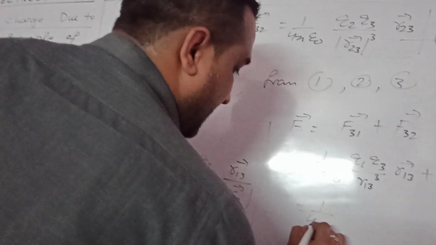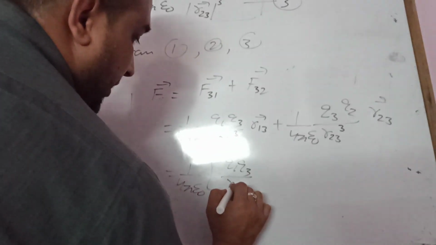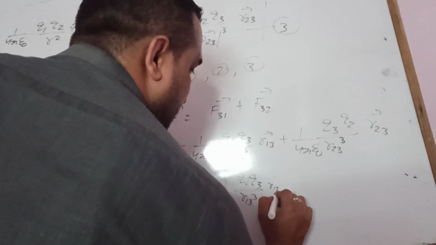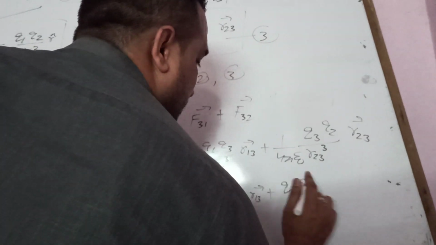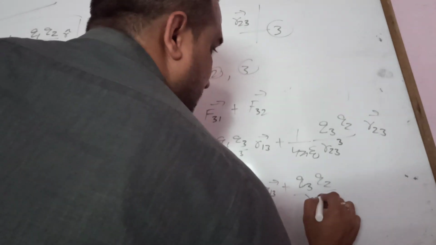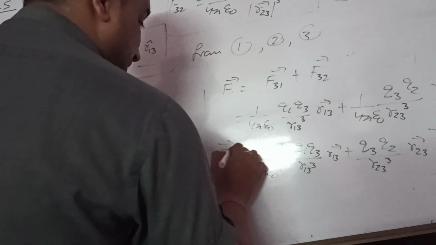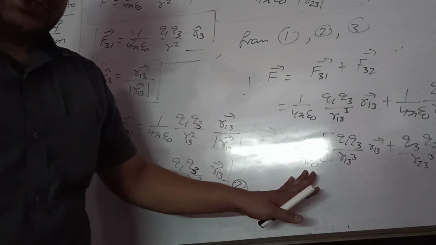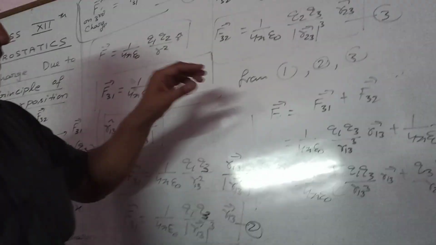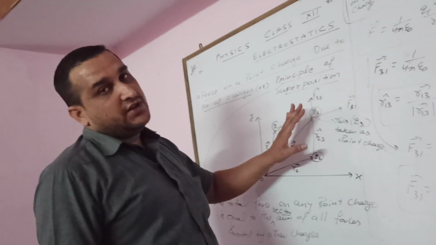Taking the common factor, Q1 Q3 upon R13 cube R13 vector plus Q3 Q2 upon R23 cube R23 vector. This is the resultant force, and this is called the superposition principle on any single charge under the influence of all other charges.